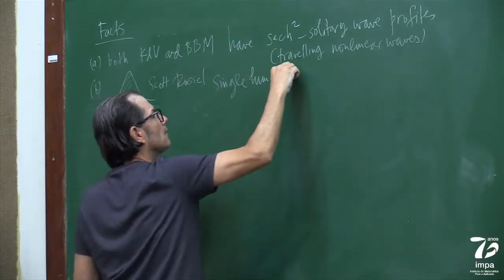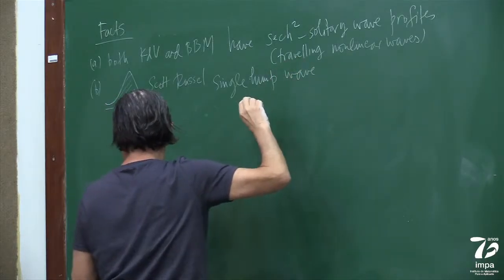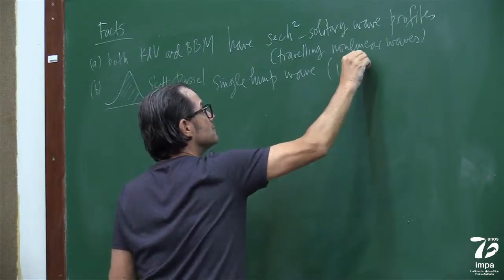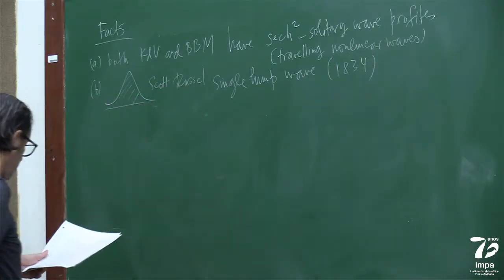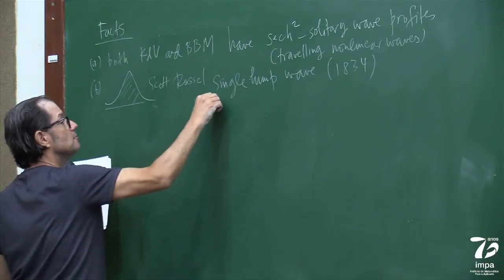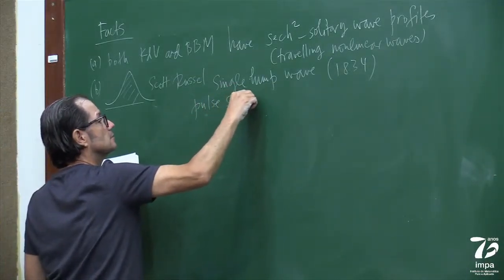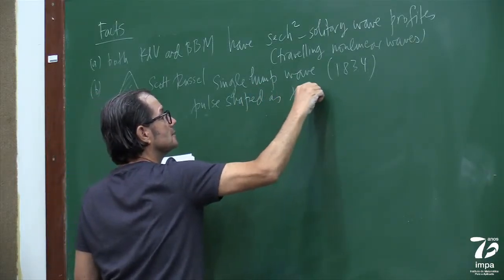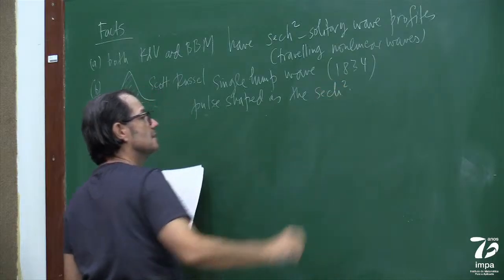Single hump wave observed in 1834 is, right, shaped as the secant squared.